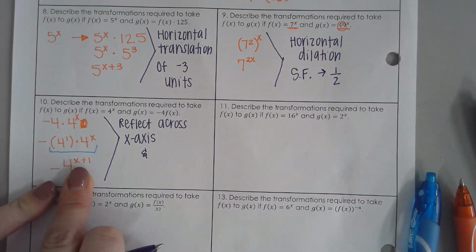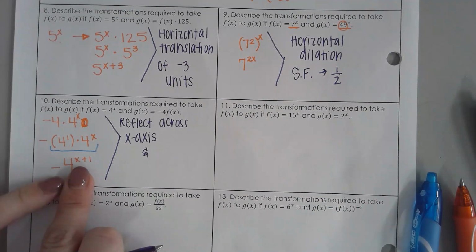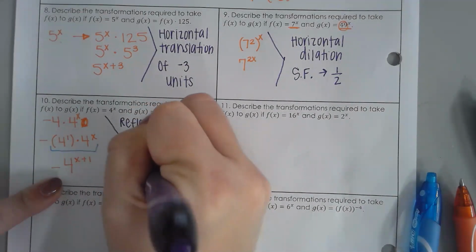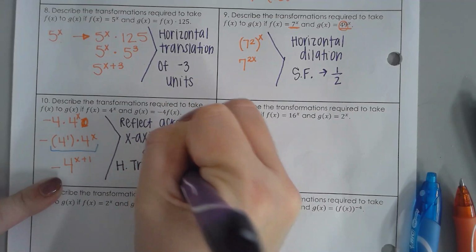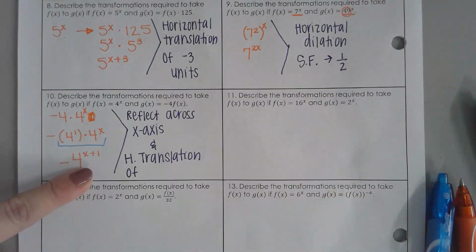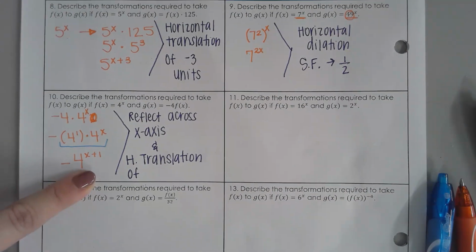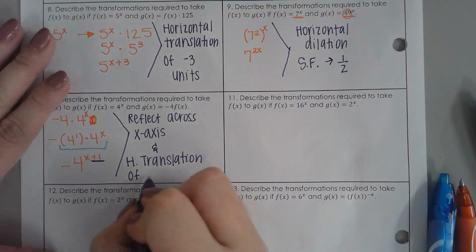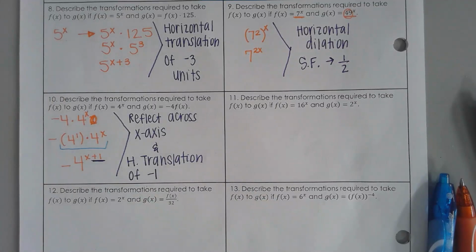Adding or subtracting is a translation. So it's a horizontal translation of how many units? Negative 1. You're good. So it's adding 1 in the exponent. The translation is actually negative 1.